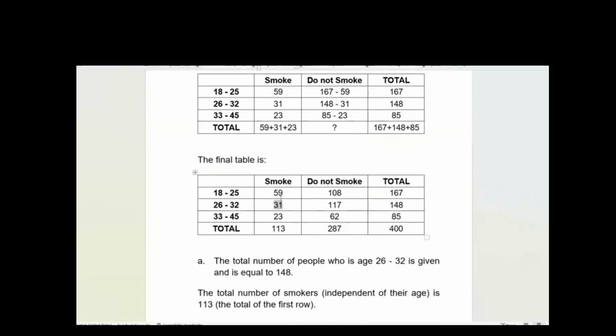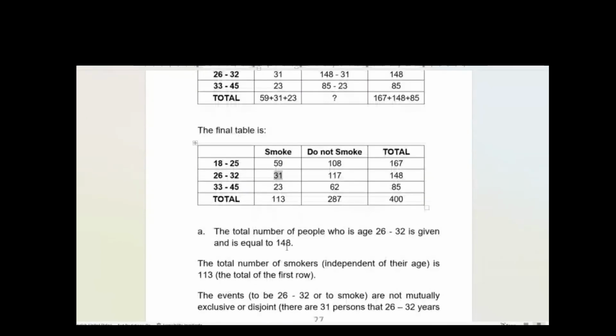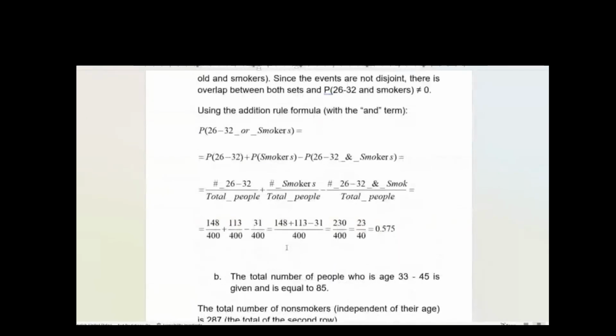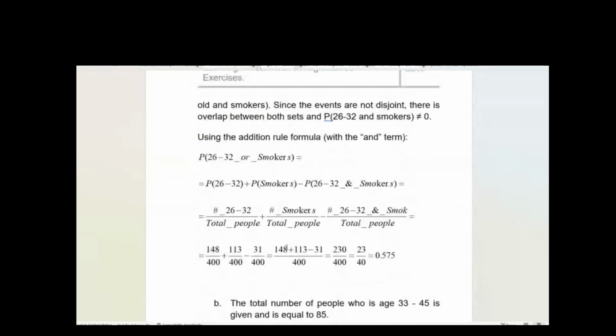So you can see this intersection between the bracket of 26 to 32 with the category of smoker gives that we have 31 people that are in this bracket that also smoke. So you can say that using the addition rule, the probability of 26 to 32 or to be a smoker is equal to the probability of 26 to 32 plus the probability of a smoker minus the probability of 26 to 32 and a smoker.